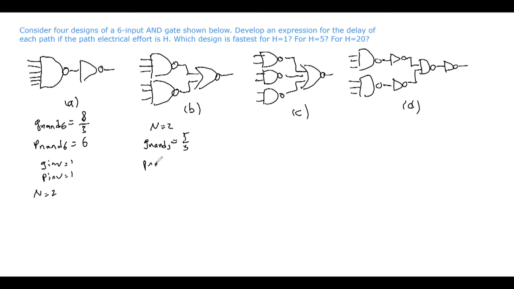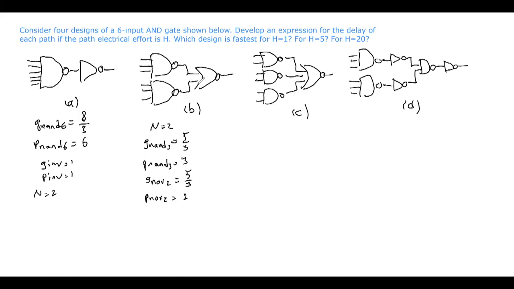And for the parasitic delay, it's basically the number of inputs, so it's going to be 3. For the previous one it was 6. In practical terms, it's the number of inputs. Similarly for the NOR gate: we have here a 2-input NOR gate, which also has a logical effort value of 5/3 and a parasitic effort of basically the number of inputs, 2.